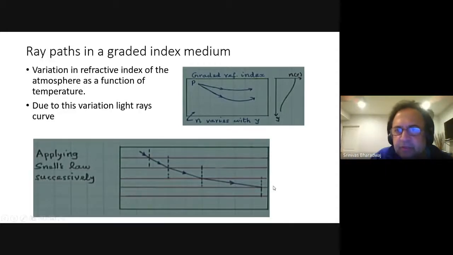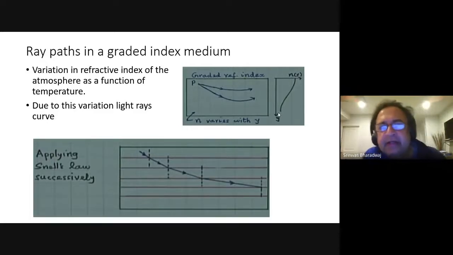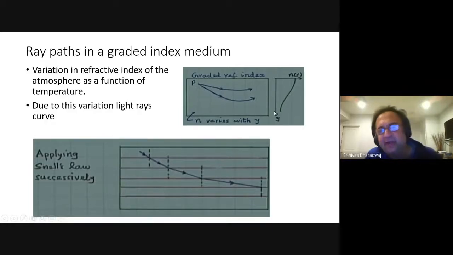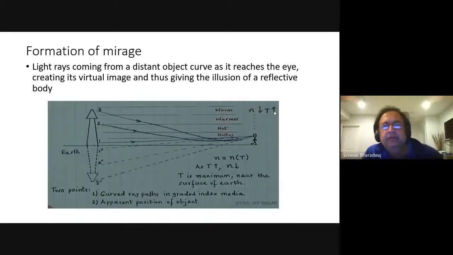Okay, the index will slowly decline. See, n of r is going down with r. So now they take a cut of it, and as the radius goes up, the refractive index declines. And so you can see the n of r. That's why they say n of r. So this is a cross-sectional idea that you should get, the way to think of this light curve.